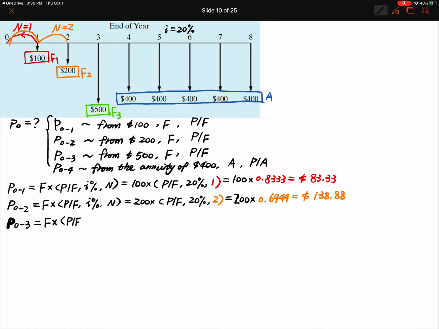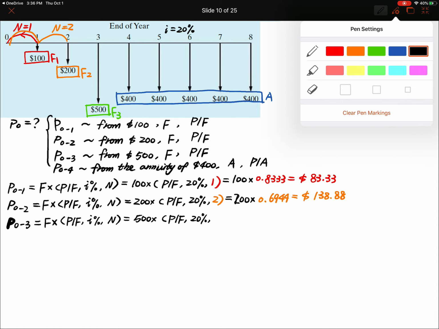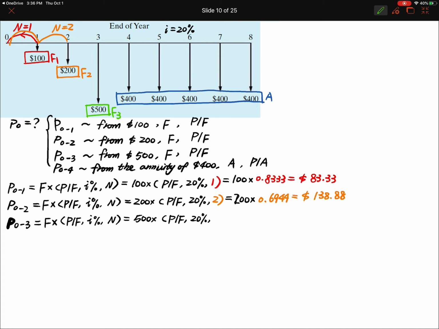Same equation because you're still looking for P given F. Same equation, but different values. So 500 P/F, 20%. Now what is the n?